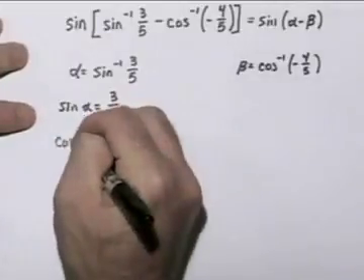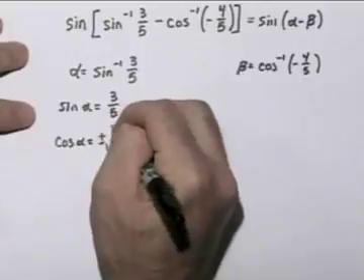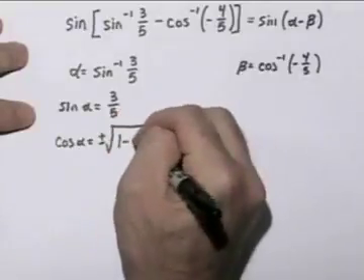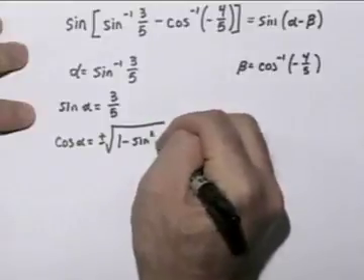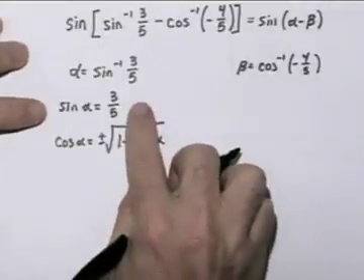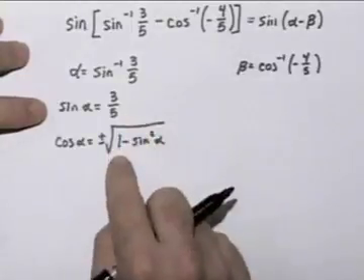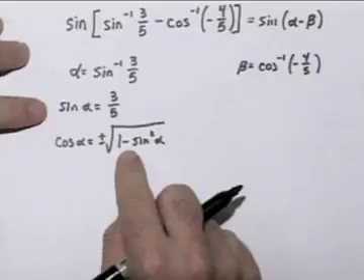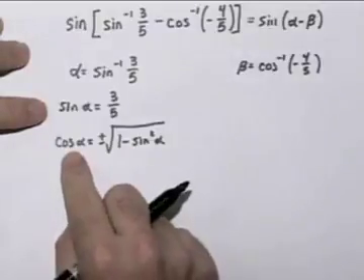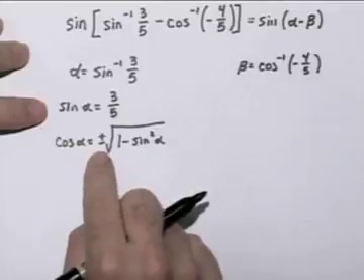The cosine of alpha is plus or minus the square root of 1 minus the sine squared of alpha. Now we know that alpha is between -pi/2 and pi/2, which means that we're either in the first or the fourth quadrant. It doesn't matter because the cosine function is positive in either of those quadrants.